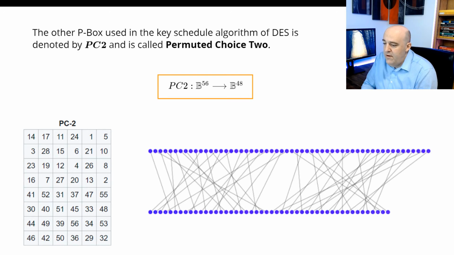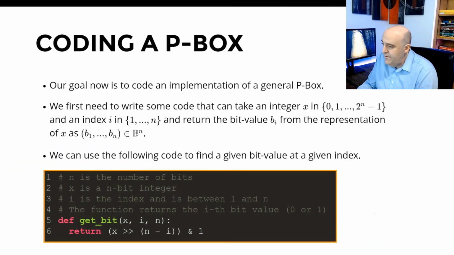The list specifying this P box has 48 entries, and each entry is between 1 and 56. And since we're going from a larger bit space to a smaller bit space, necessarily at least 8 bits of information are ignored, because that's the difference between 48 and 56.